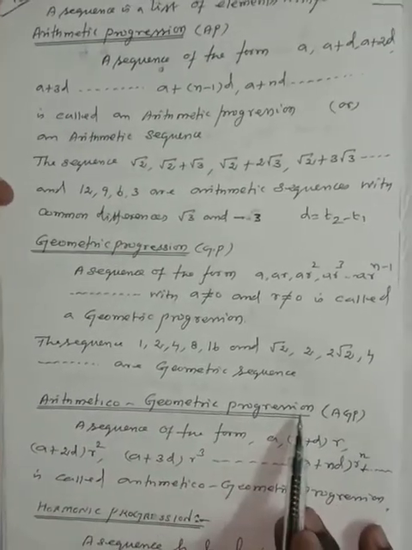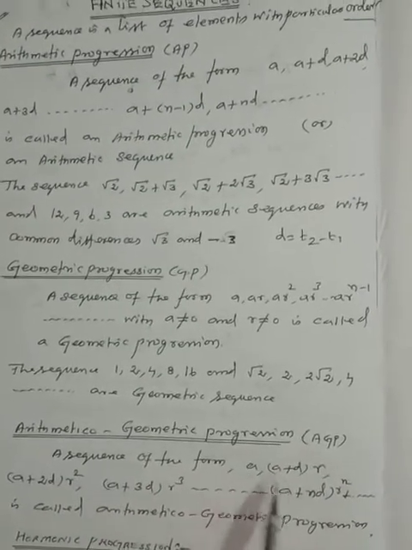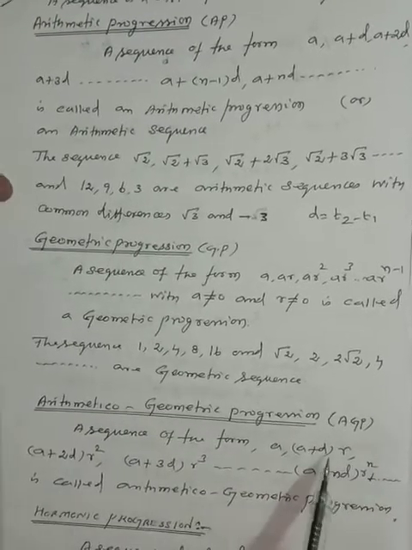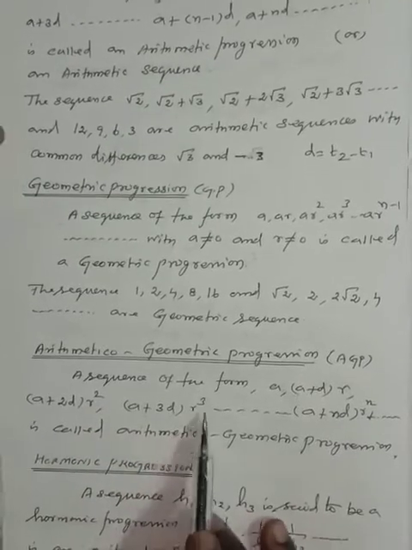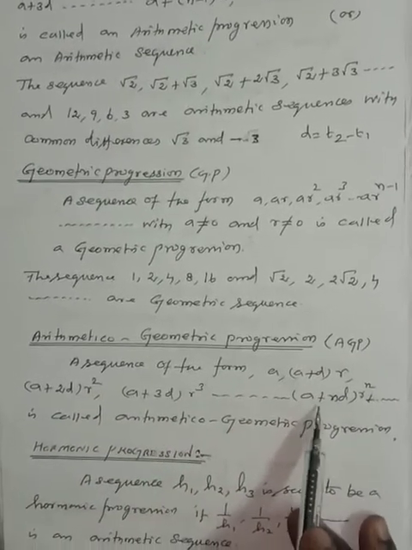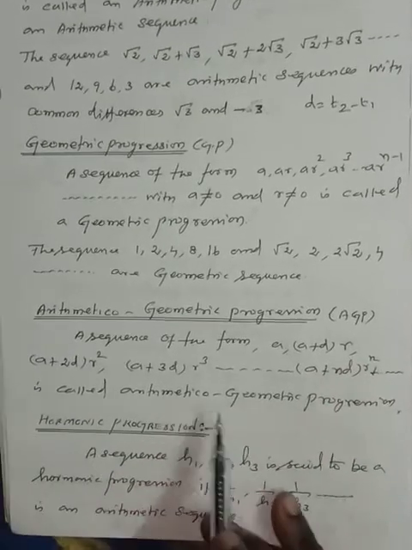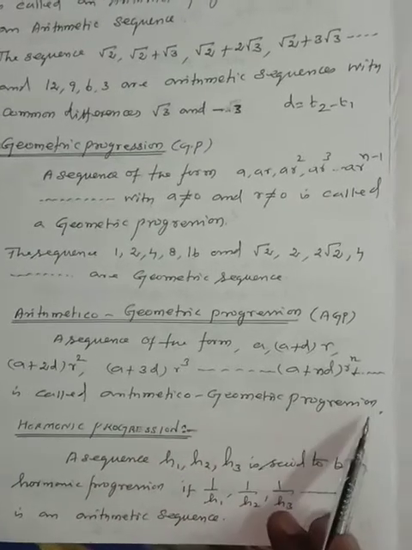Arithmetico-geometric progression, AGP. A sequence of the form a, a plus d, (a plus d) into r, (a plus 2d) into r square, (a plus 3d) into r power 3 and so on, to (a plus nd) into r power n, is called an arithmetico-geometric progression.